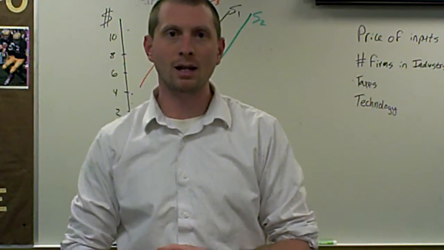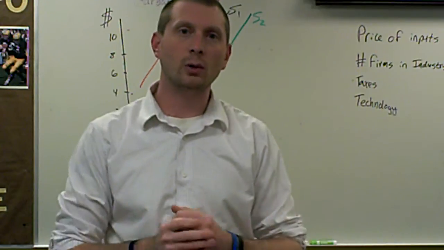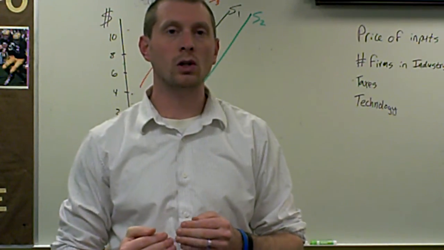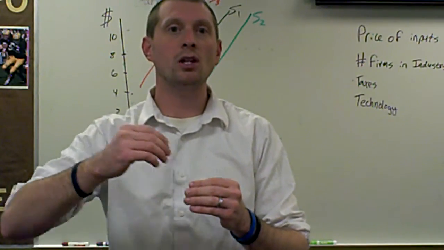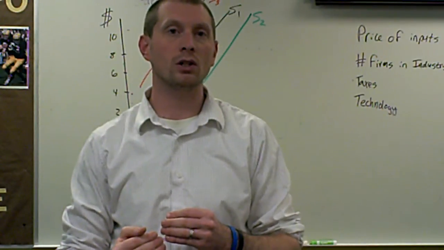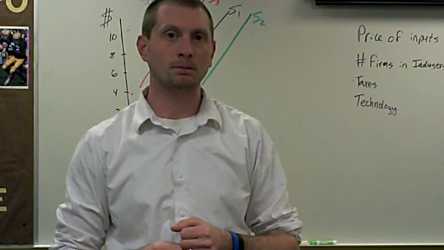So what do I mean by that? Well, what can be considered an input? How about salary or wages? If you lower wages of your workers, that means that the business now has more money to increase production. So a decrease in wages for the workers will then increase overall supply. Okay?